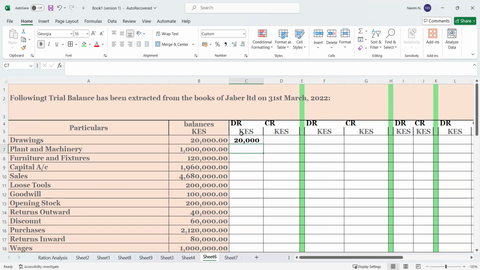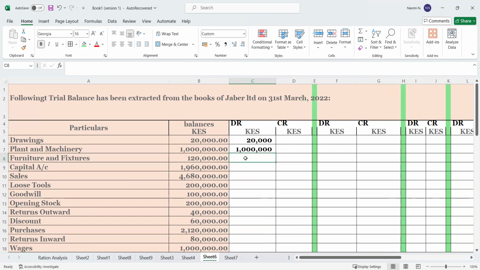We have plant and machinery, a fixed asset, that is here, 1 million. Debit entry. Furniture is the same. Is it under PPE, or is it a fixed asset? Okay, yeah, fixed asset. Capital account, it is a credit, has a credit entry.